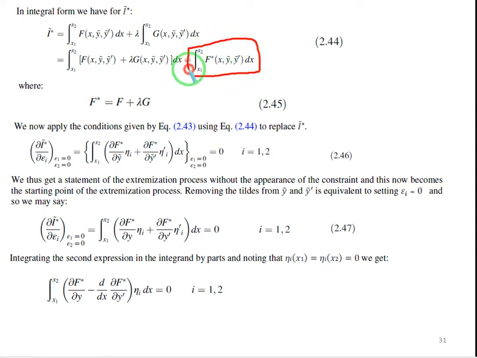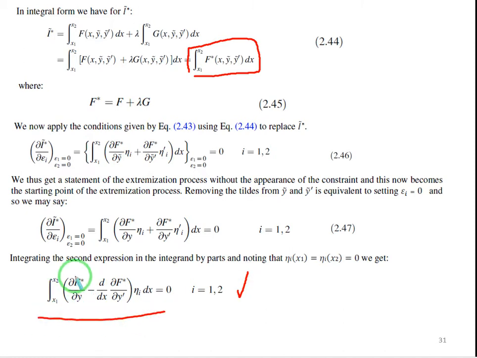In this functional problem, f star is defined as f plus lambda multiplied by g, and if we do derivation and use integration by parts, we can easily reach this equation. This is very important.